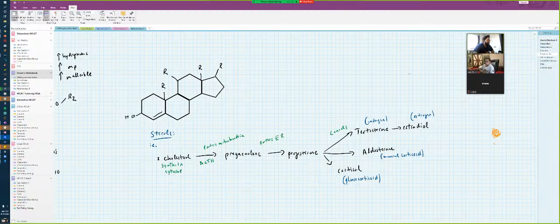I'll explain it first. Everything that's a steroid or a sterol is given that name because it comes from cholesterol. Cholesterol basically has this 4-ring structure.